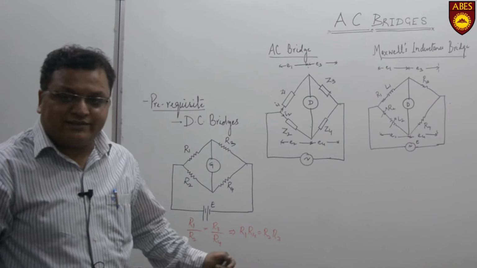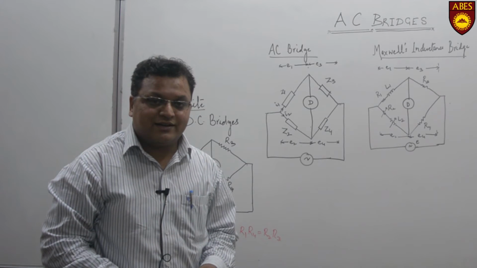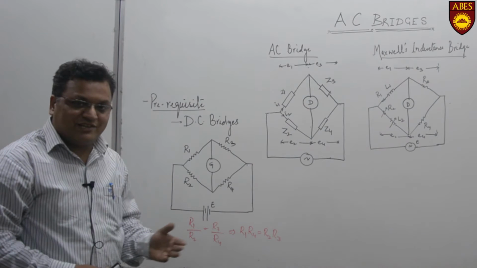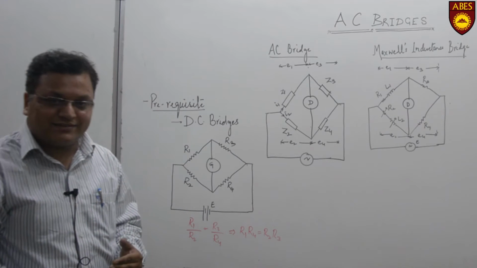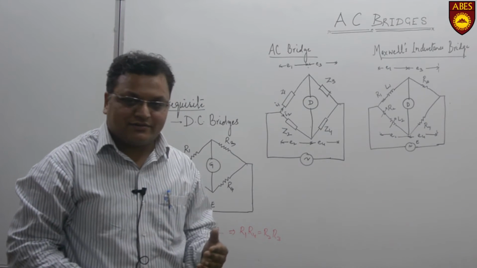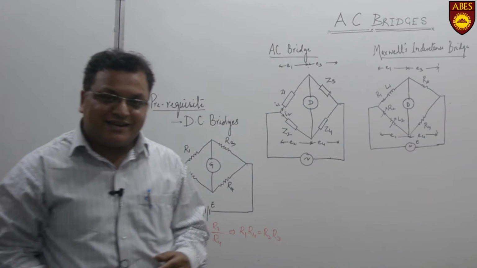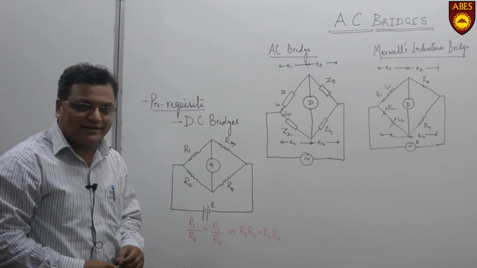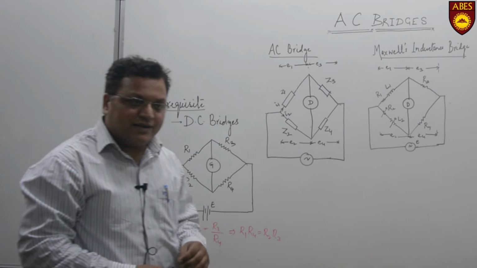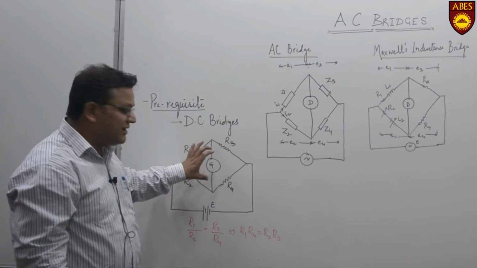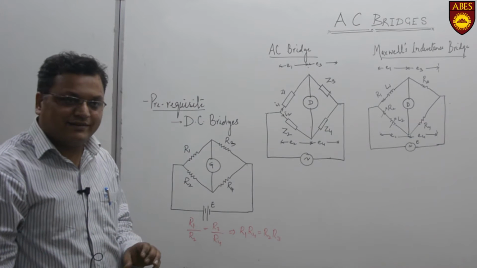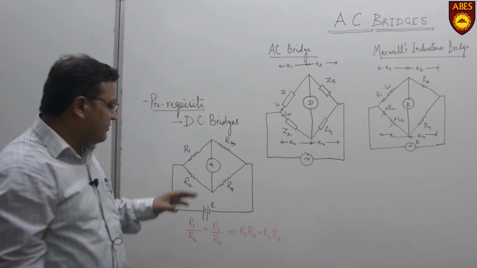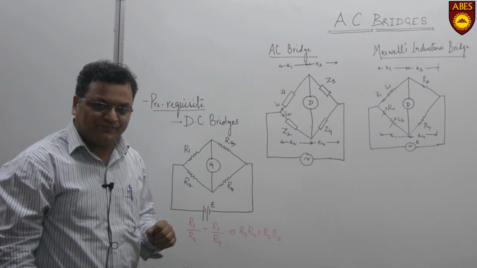So, in this way we can measure the unknown resistance R1, which is not known initially, by balancing the 3 resistances in the circuit and obtaining a null point with the help of the galvanometer connected in the circuit. Under balanced condition, there will not be any current in this galvanometer, so it will show 0 deflection, and that is why we use a null point type of galvanometer in this circuit.